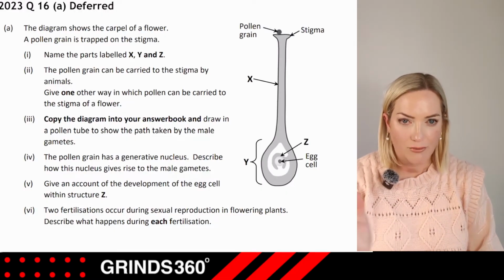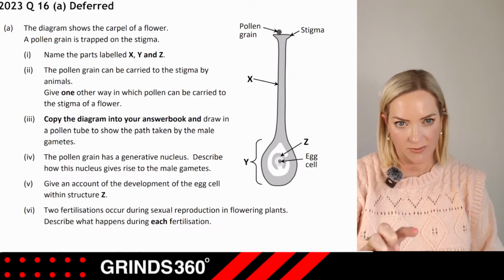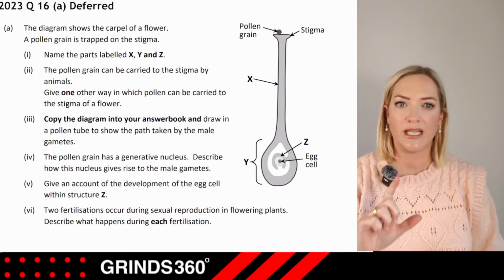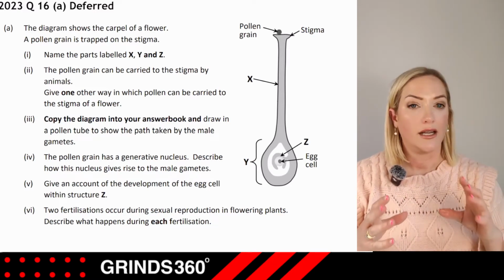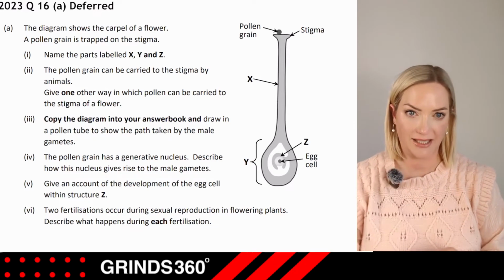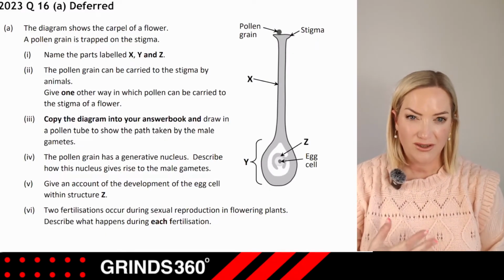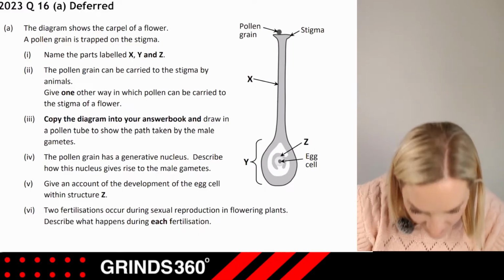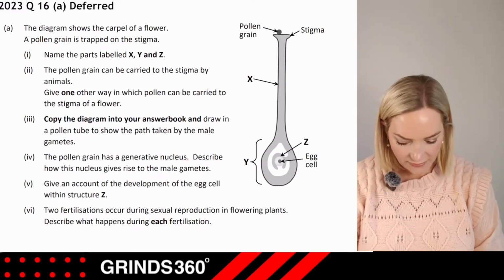Prior to that, it can be a 60-mark question. I think one year they mixed human reproduction in with plant reproduction. Just be aware of that, but it's up to you.